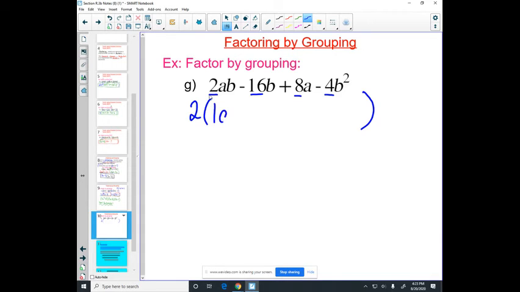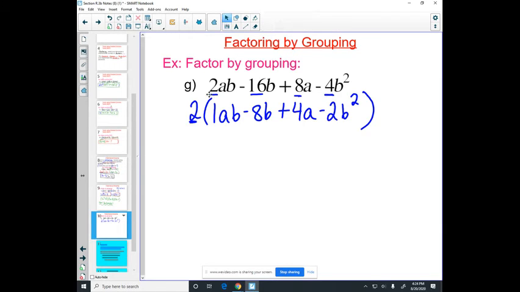I'm left with 1AB minus 16 divided by 2 is 8B plus 8 divided by 2 is 4A. Negative 4 divided by 2 is negative 2B squared. Okay, so that's my first step. I went ahead and divided everything by that common factor of 2.